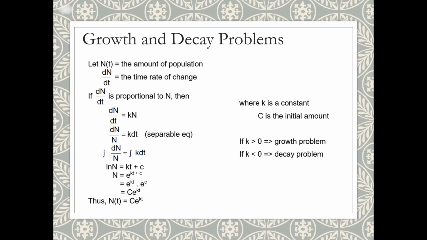If k is greater than 0, or a positive value, then this is what we call a growth problem. But if k is less than 0, or negative, this is a decay problem. Therefore, the formula to solve the growth and decay problem is N(t) equal to C e to the power of kt.